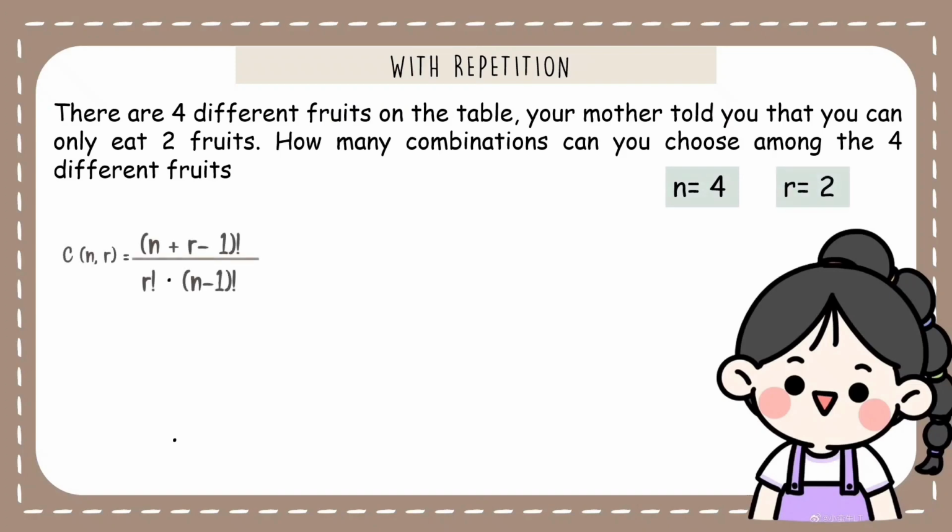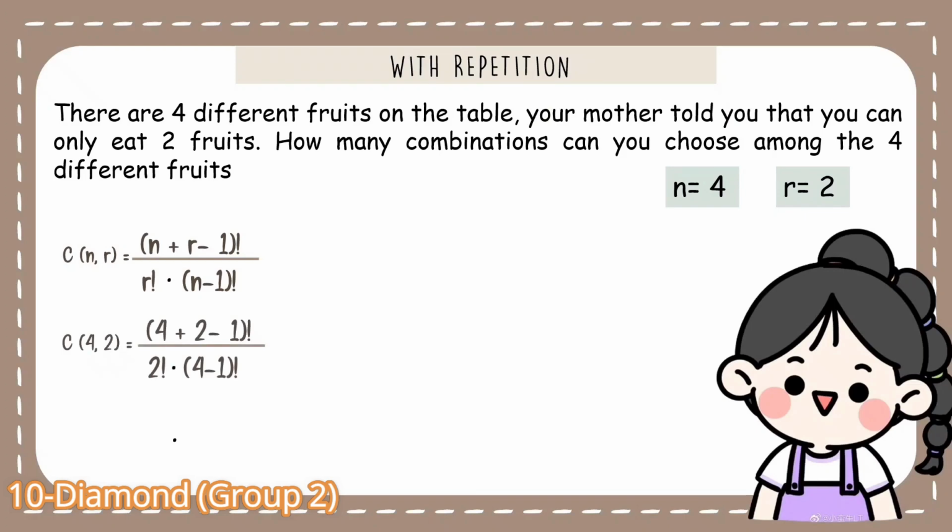The formula of combination when repetition is allowed: combination of n, r is equal to quantity n plus r minus 1 quantity factorial over r factorial quantity n minus 1 quantity factorial, in which n is the total number of objects and r is the total number of objects taken at a time.